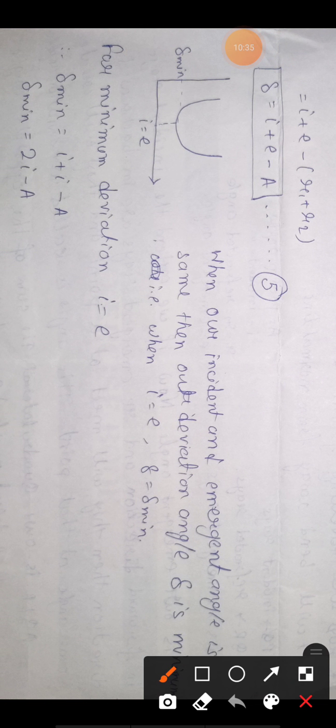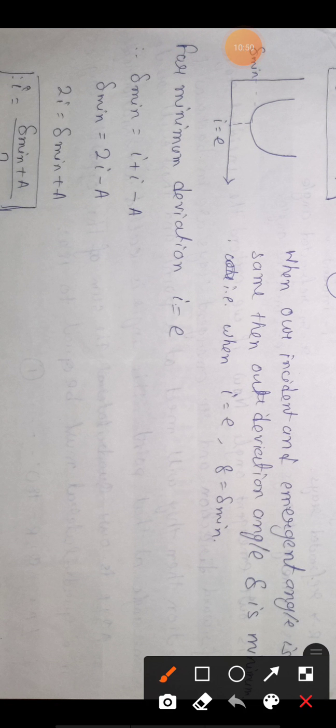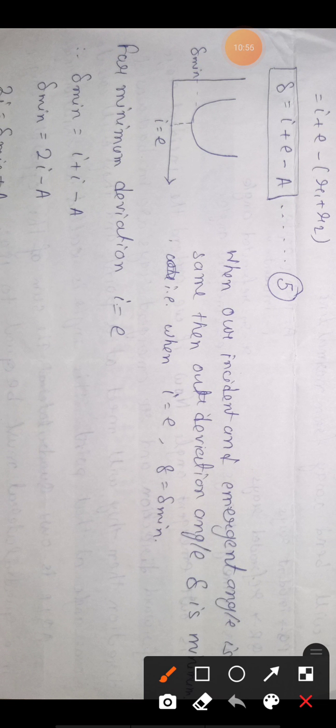So delta will be minimum when I is equal to E. So in place of E you will write I. So delta minimum is equal to I plus I minus A. I plus I is 2I.